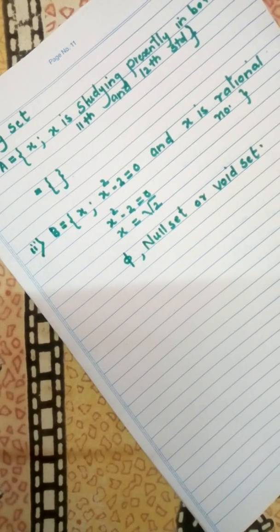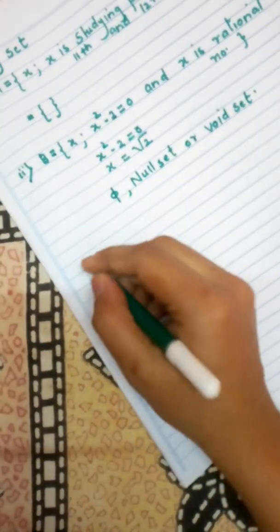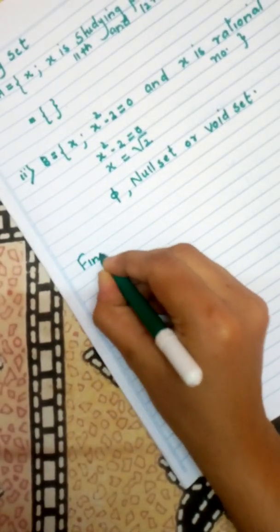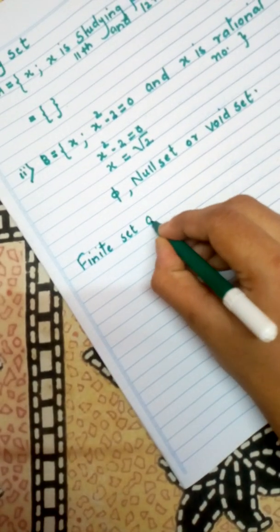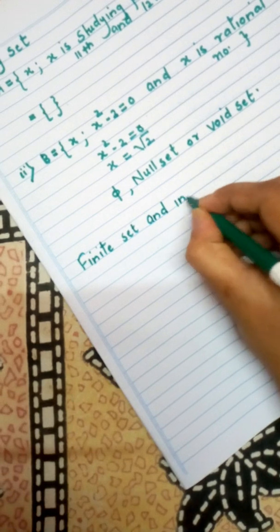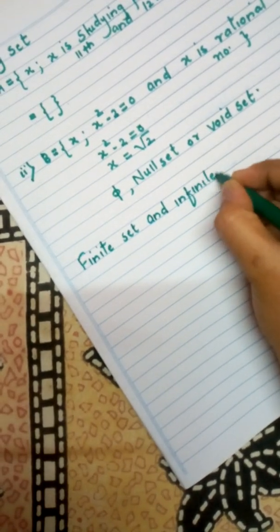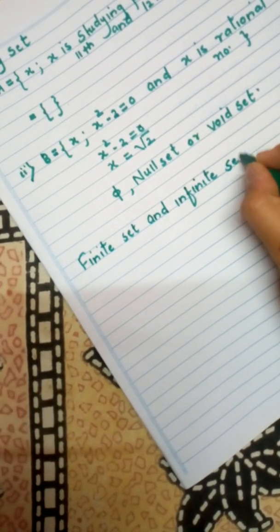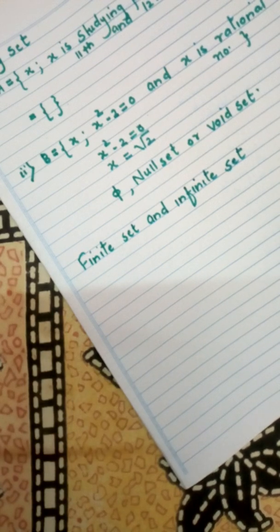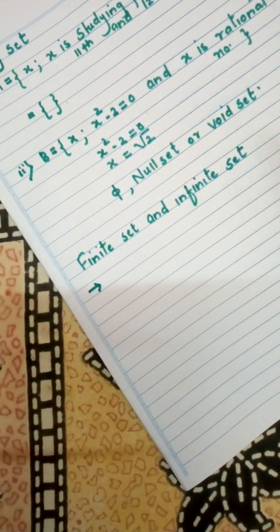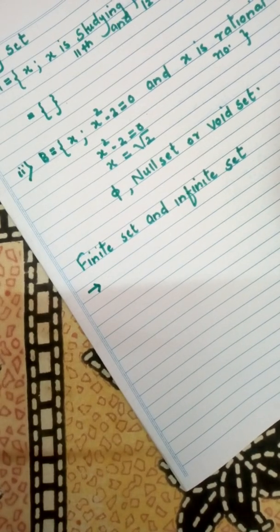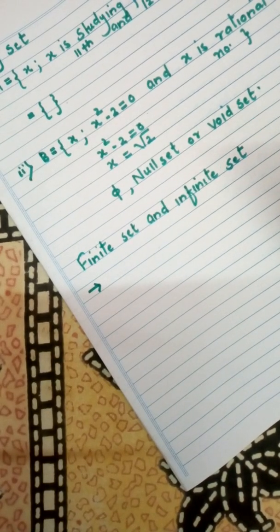Next we have finite set and infinite set. Now what do we mean by a finite set? A set having a fixed number of elements is known as a finite set.